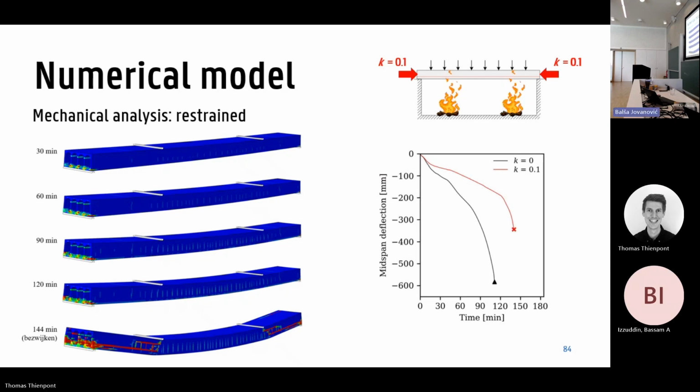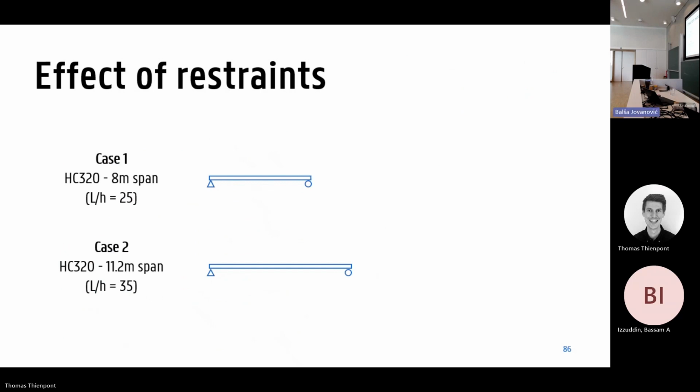Also, if I look at the displacement curves, we see that we get a higher fire resistance, so that's already interesting. It fails later, and the deflection at failure is less. So a first conclusion can be that in case of restraints, the fire resistance can be severely altered. And to dig into that result a bit more, I present to you two cases.